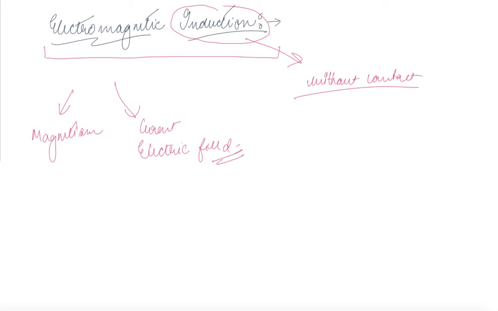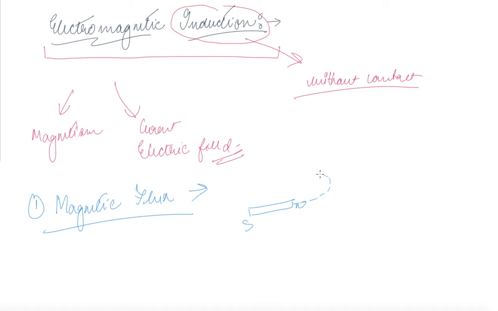And the first point that we will be discussing is your magnetic flux. Magnetic flux that we should know. Now, in this chapter, magnetic flux are the magnetic field lines that pass through a particular area. Say, suppose this is a magnet. This is north and this is south.